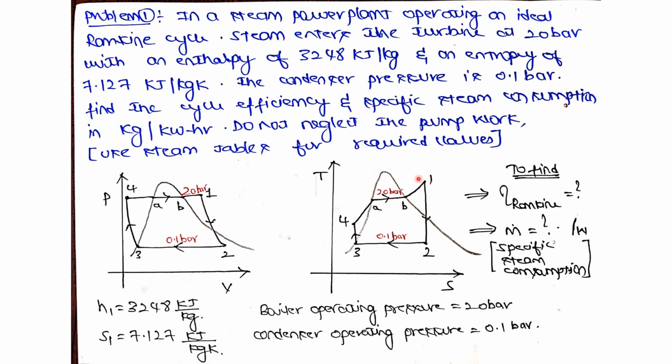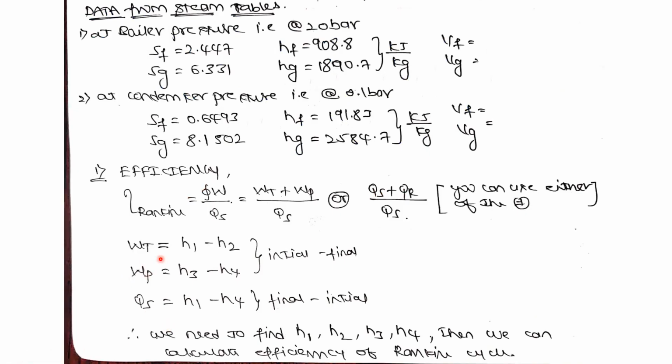So H1 minus H4 is your heat supplied, H1 minus H2 is your Wt, and H3 minus H4 is your pump work. Similarly it has been written here: Wt equals H1 minus H2, Wp equals H3 minus H4. These both are work, so it is initial minus final. Qs is H1 minus H4, that is final minus initial, because it is heat.